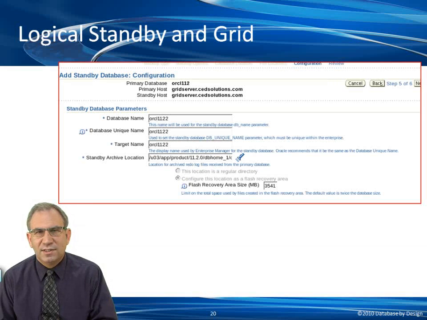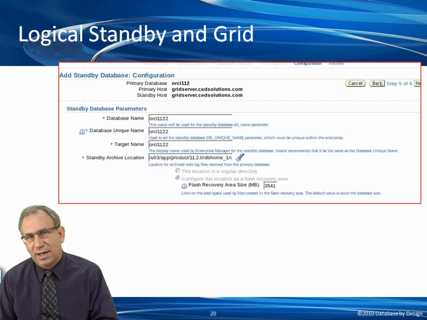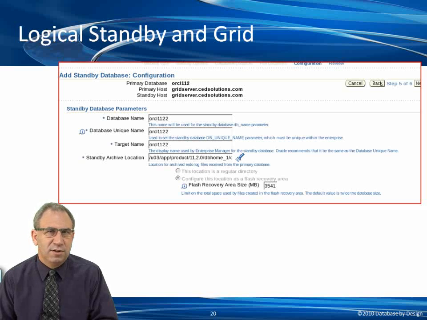So we can see here that the steps are going to be pretty much the same. All we do is we come in here and we say we're going to create a logical standby database. Now, the difference between creating a logical and a physical, it did come back and say, hey, these tables are not going to be supported within the logical standby configuration.